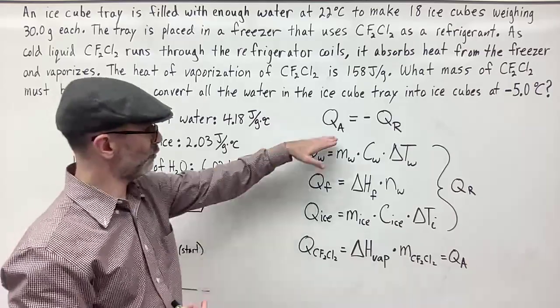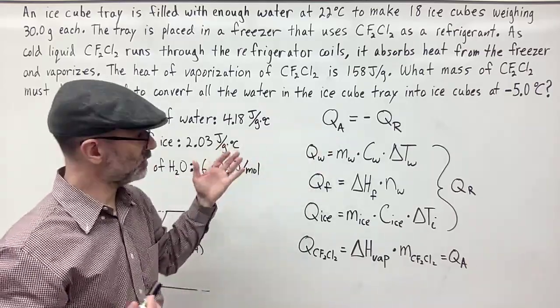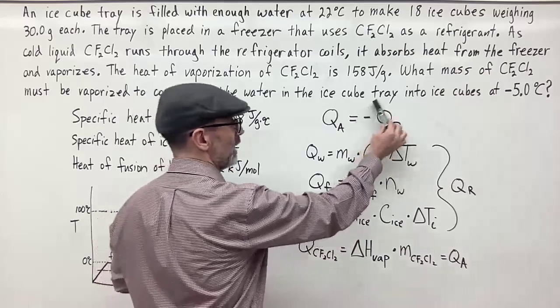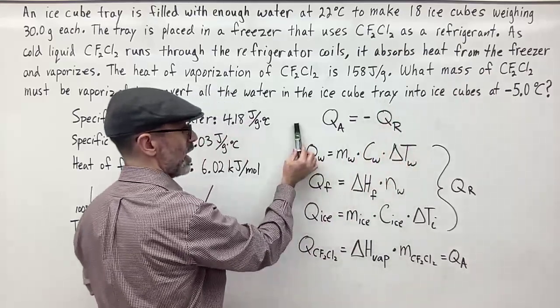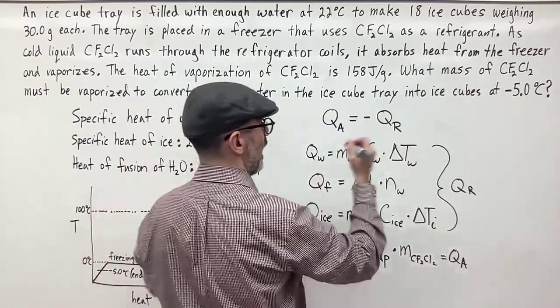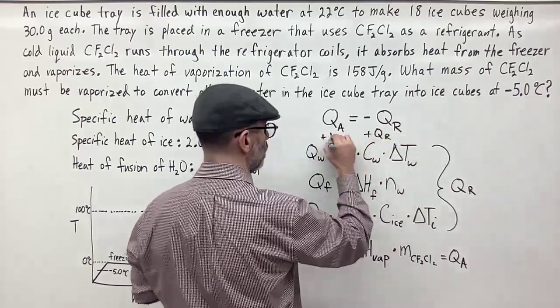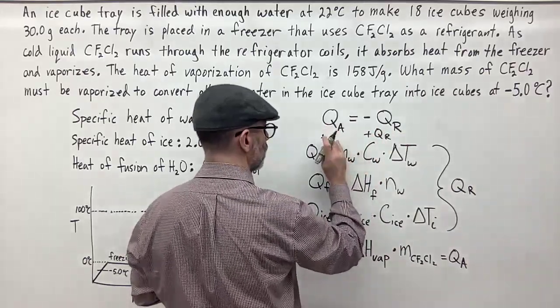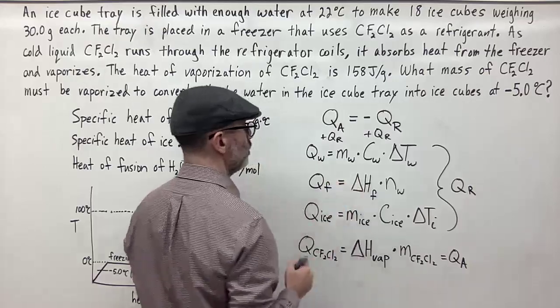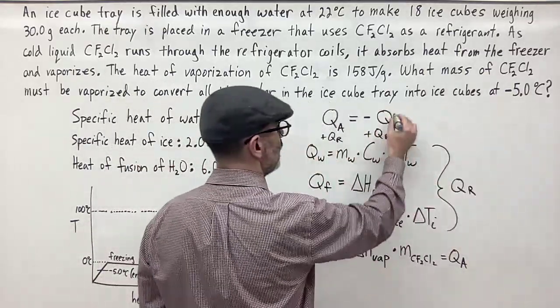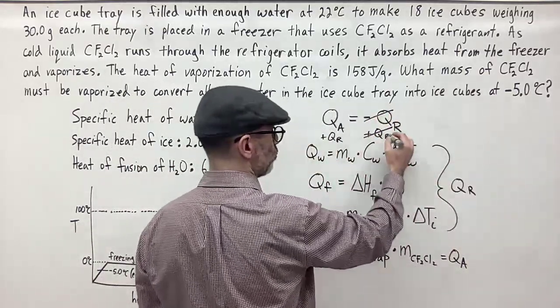Now, there's another form that you can use, and this is the form that I like to use. If we bring the negative QR on one side, then we would just add QR to both sides, and then what we get is this side is going to be canceled out, that's going to be equal to 0.